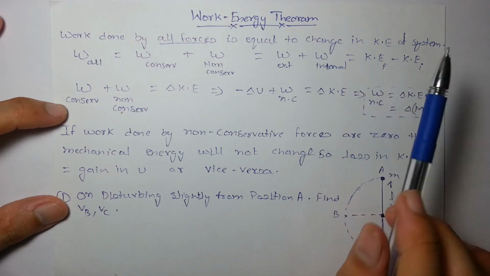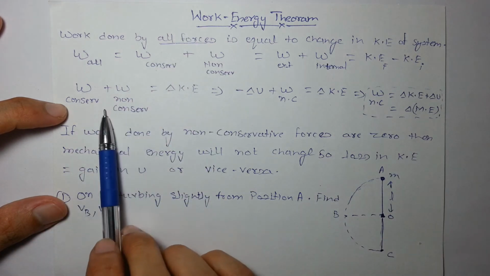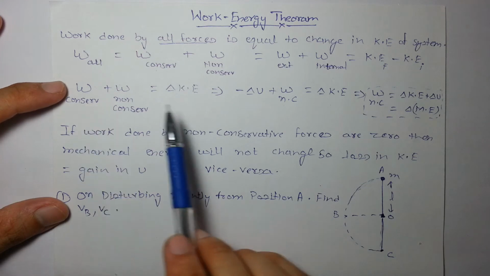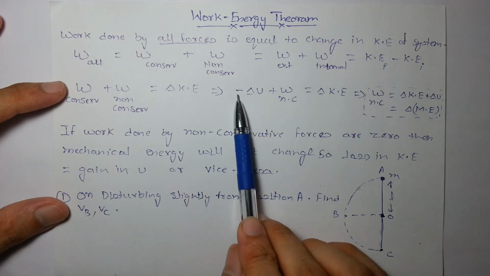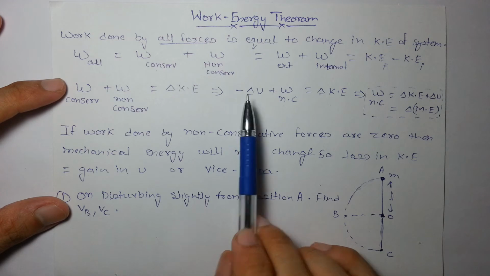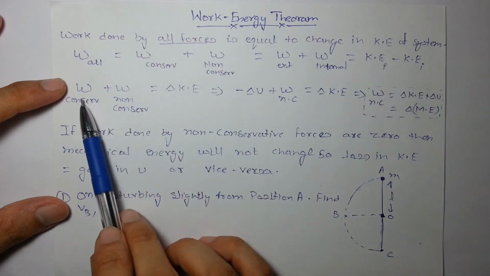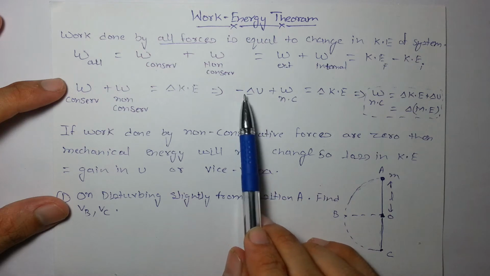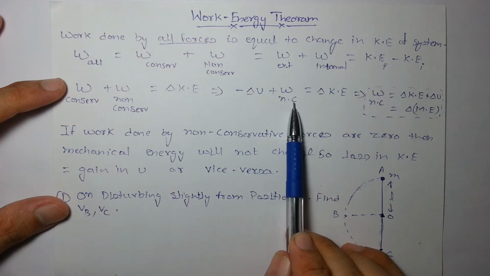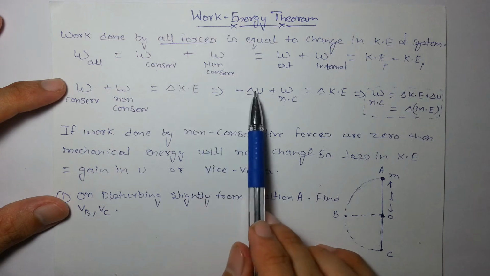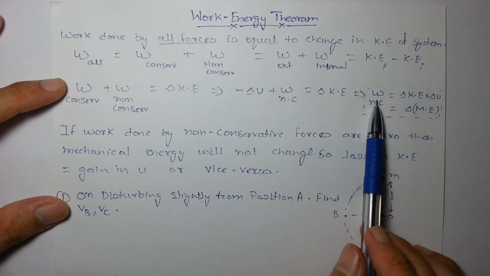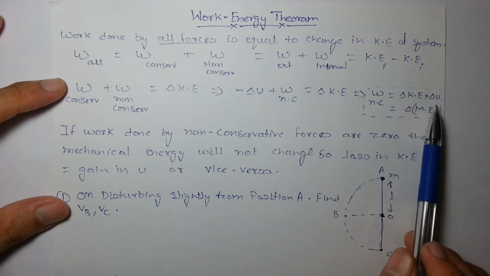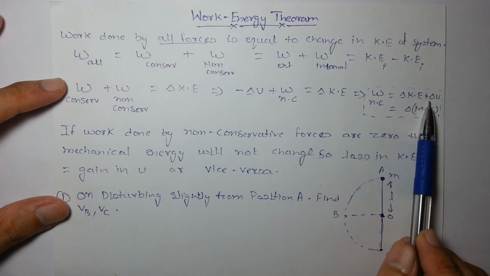Now we know one more definition: work done by conservative forces is the change in potential energy with a minus sign. So we put minus delta U, plus work done by non-conservative forces, is delta K. So we have work done by non-conservative as delta K plus delta U, which is the mechanical energy change.